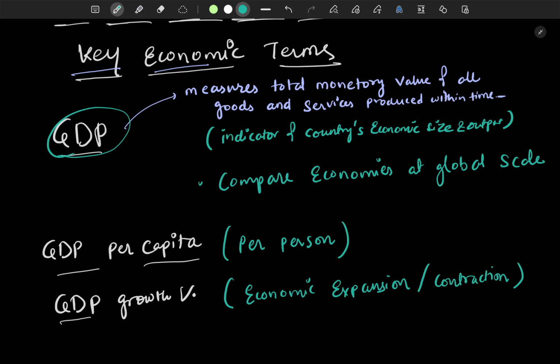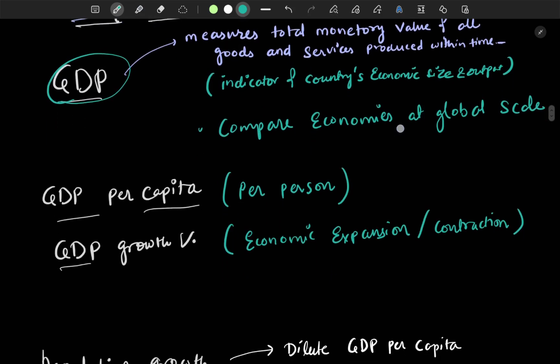It shows a country's economic output, an indicator of economic size, and is used to compare economies on a global scale. Like if India's GDP is higher than France or maybe Germany, that's where we compare the performance of various countries.